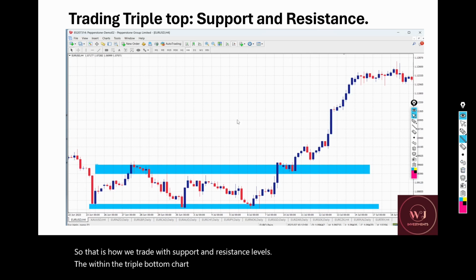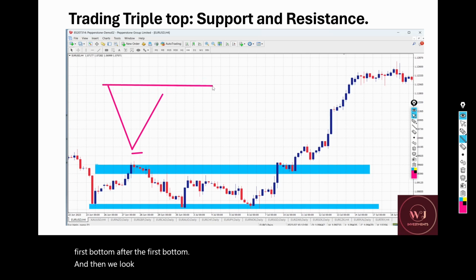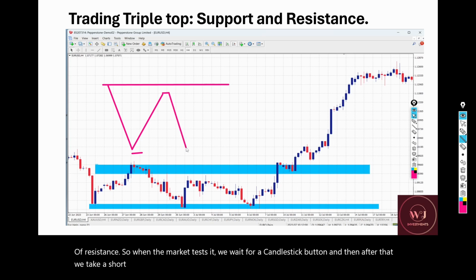So what we do is we wait for the market to make the first bottom. After the first bottom, we look at this level of resistance. When the market tests it, we wait for a candlestick pattern, and then we take a short trade. After this short trade, the market tests the level of support, we wait for a candlestick pattern, and then we take a long trade.